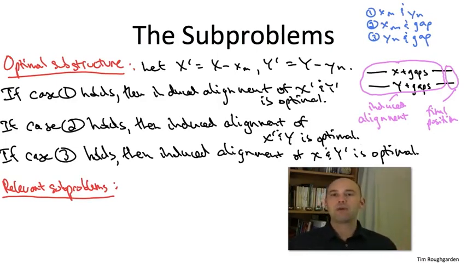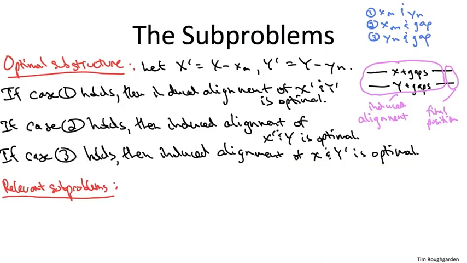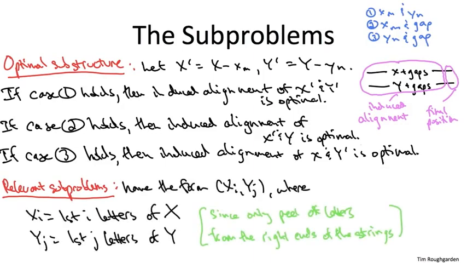But all we care about, the only relevant subproblems, involve prefixes of the two original input strings x and y. That is, the only subproblems that we care about have the form x_i, y_j, where x_i denotes the first i letters of capital X, some prefix of x, and y_j denotes some prefix of y, the first j letters of y.